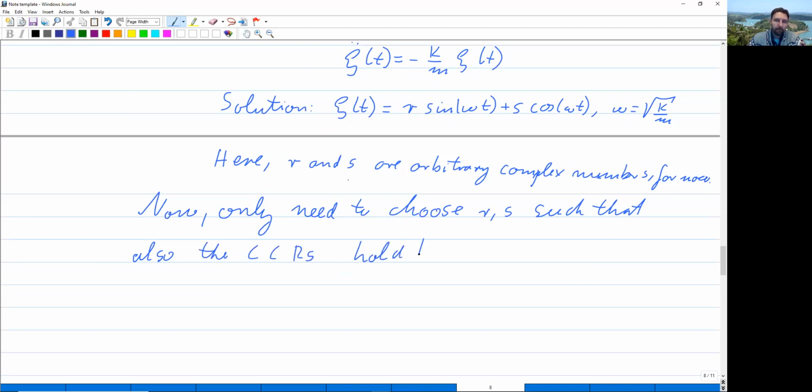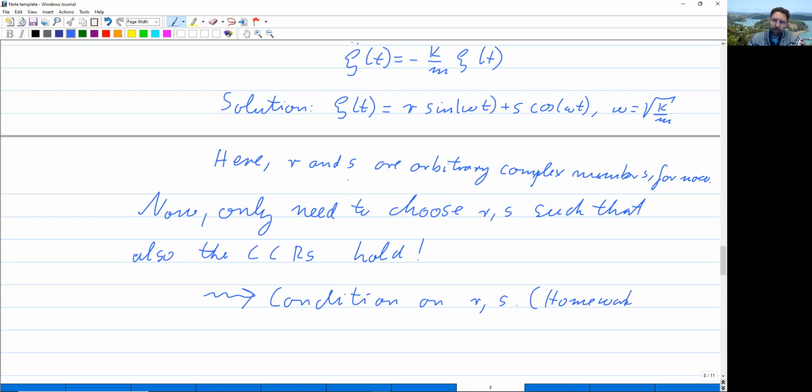We only need them to hold at one point in time, because then we are guaranteed that they hold at all times, because we are solving the equation of motion, and we proved earlier that this is possible. So we obtain a condition on R and S. This is going to be homework.